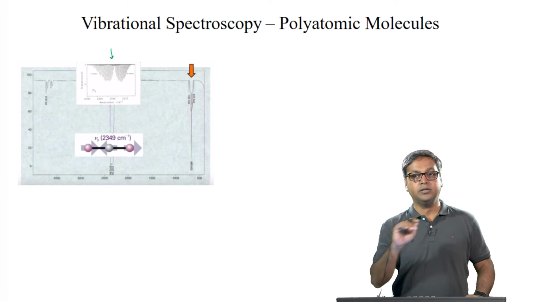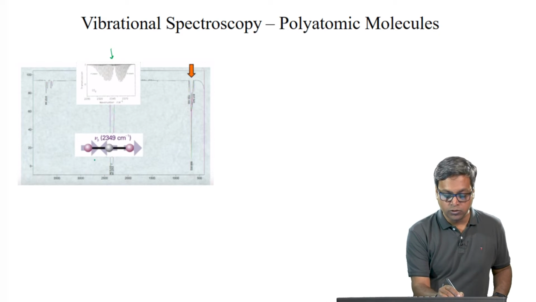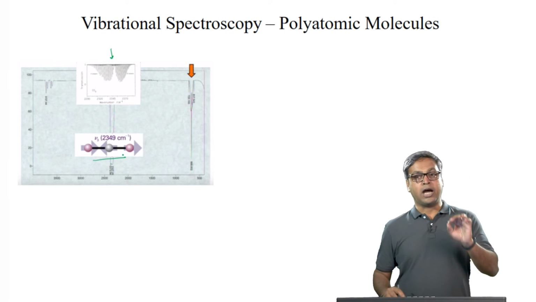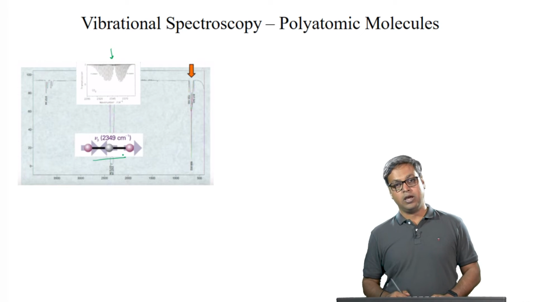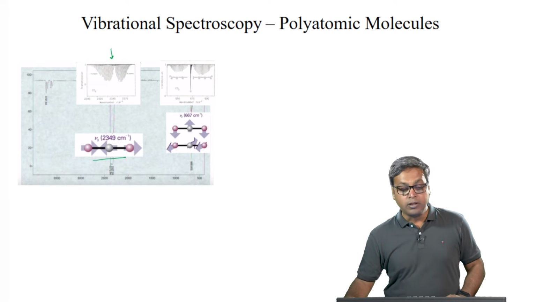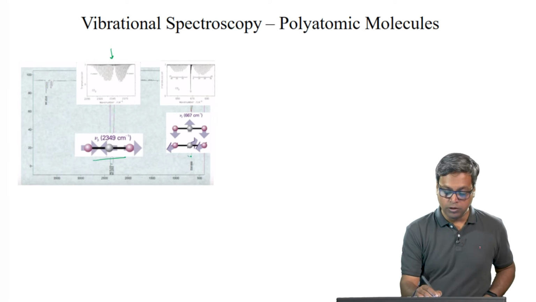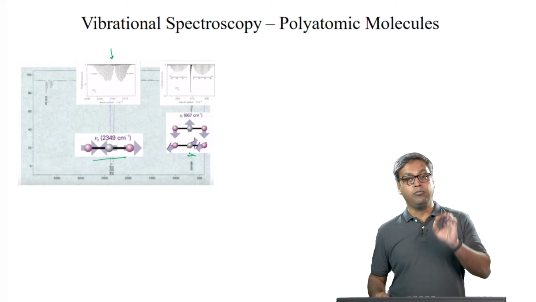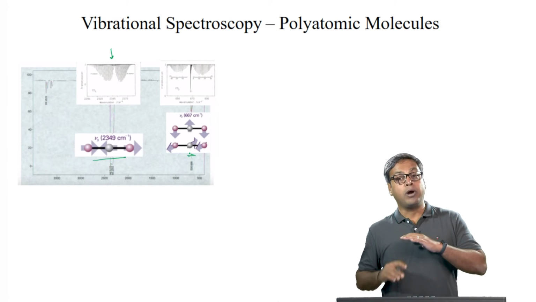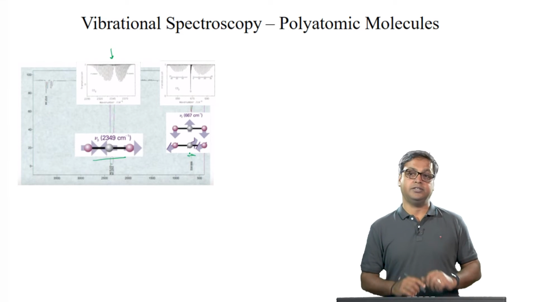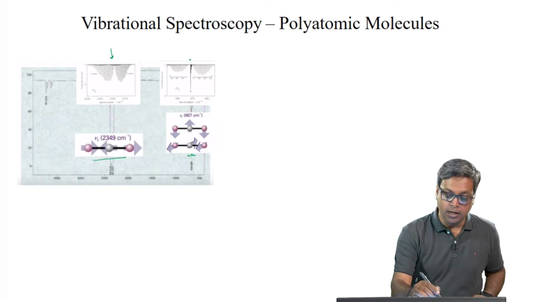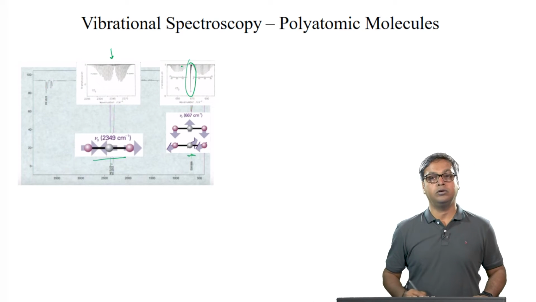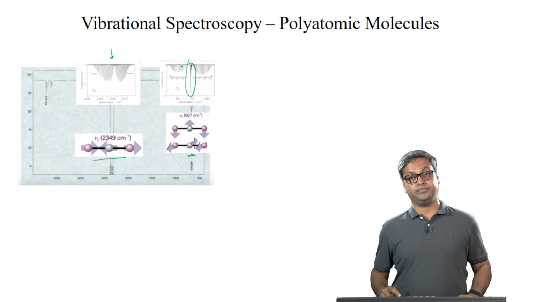For the asymmetric stretch as shown here, the dipole moment is changing along the principal axis, but for the bending mode as shown here, the dipole moment is changing perpendicular to the principal axis. So, there is a Q branch in the bending mode at high resolution.